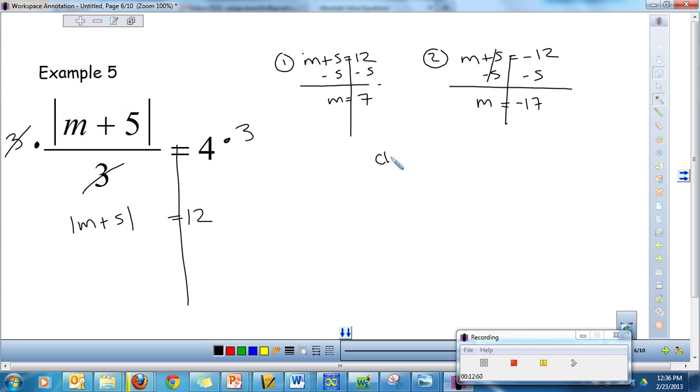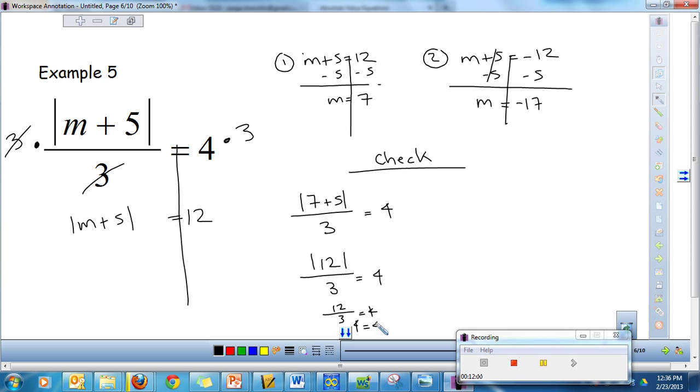Let's really quickly check our solutions before we go any further. So, is the absolute value of 7 plus 5, divided by 3, equal to 4? Well, the absolute value of 7 plus 5 is going to give us 12. What's the absolute value of 12? It's 12. And 12 divided by 3 is 4, so it works. Let's try our second one.